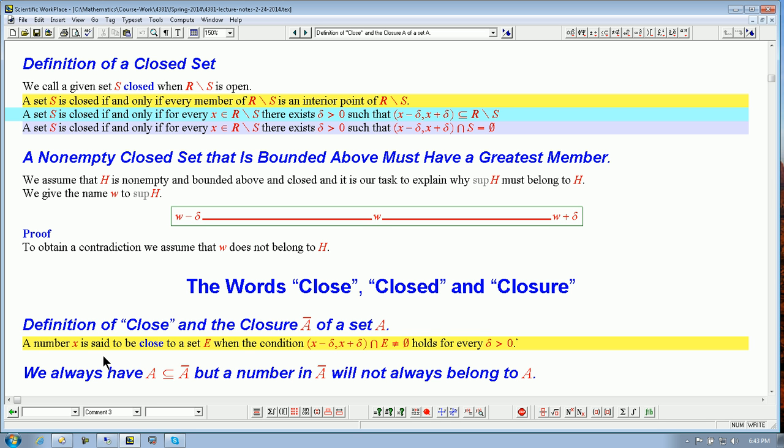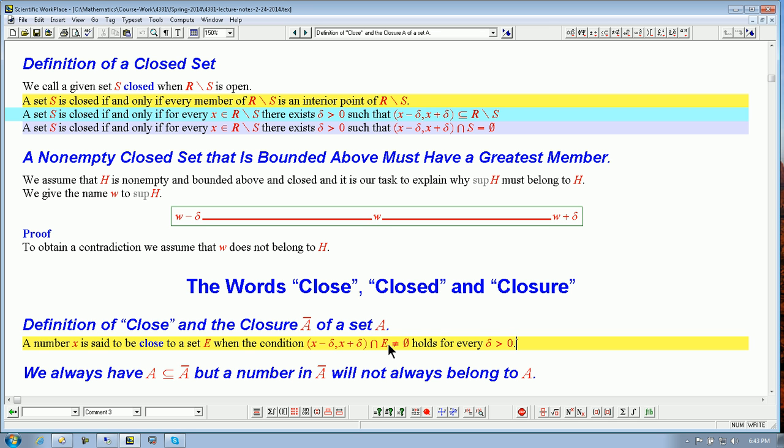There exists delta greater than 0 such that the stick intersects with a given set E. That's a dime a dozen. You understand? No. For every delta, even if delta is small, you see?